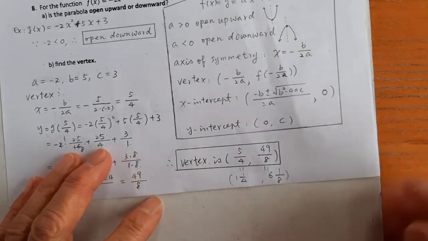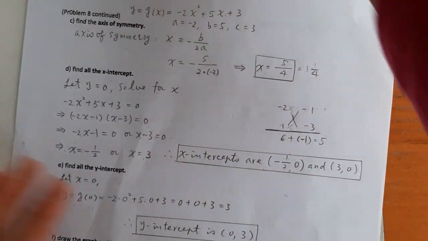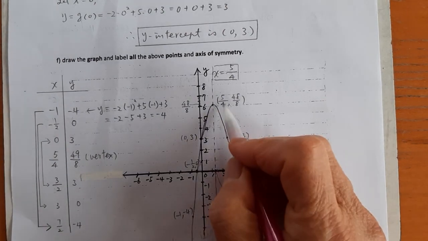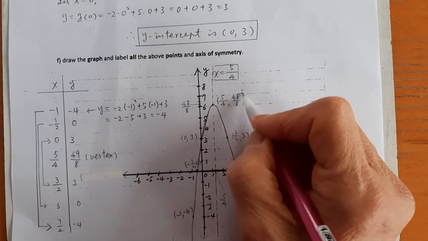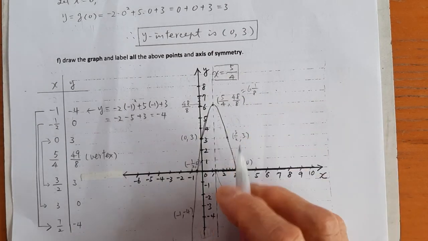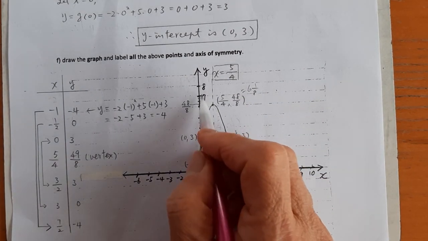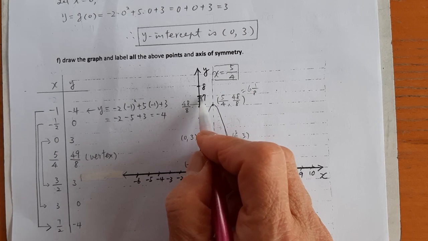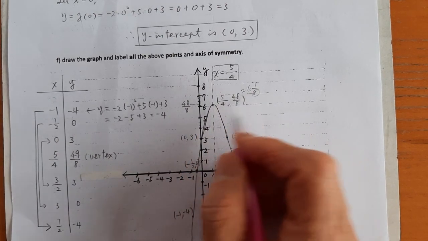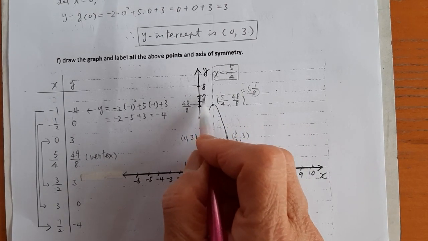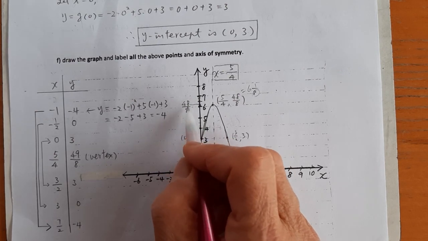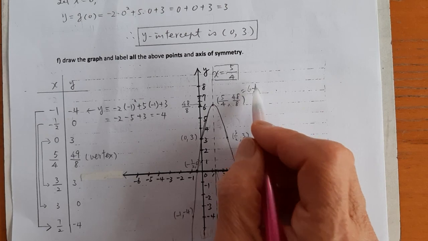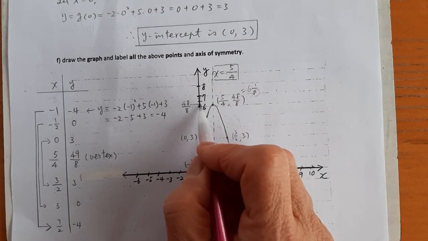So that's the vertex. 6 and 1/8 is between 6 and 7, so you partition into 8 equal parts. 6 and 1/8 is very close to 6.